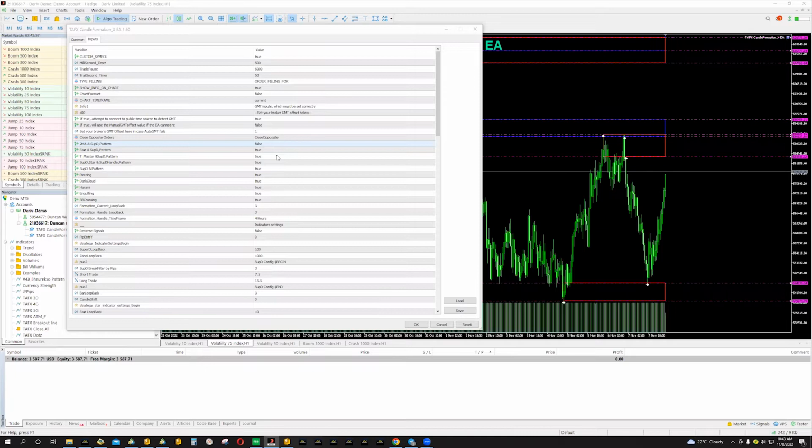So after it got the signal, and according to your account, maybe you just wanted 1 or 2 positions according to your equity, that is when you are supposed to deactivate.